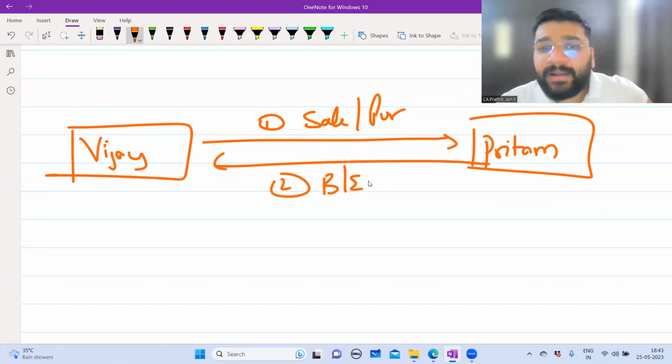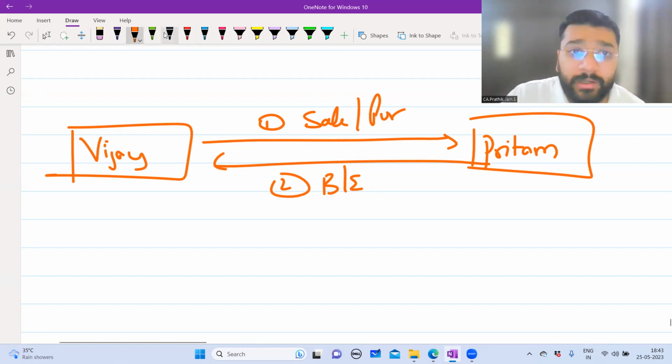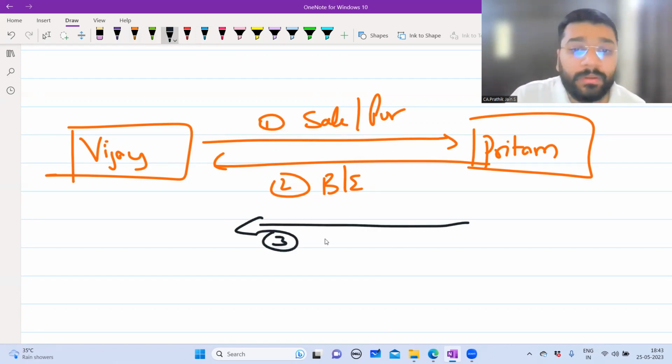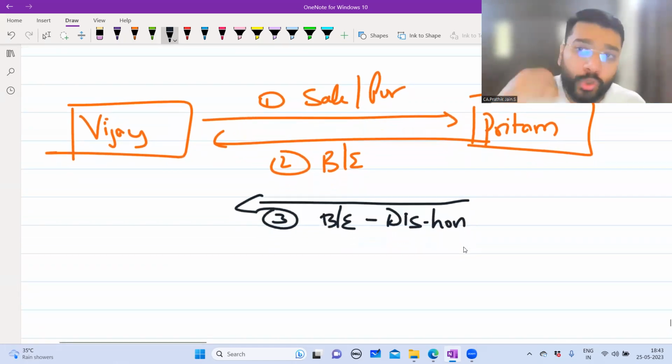Then third should be honorment of bill. But on the due date, is the bill being honored? No, sir. Bill of exchange dishonored. So dishonorment entry. Once the bill is dishonored, you close the bill and recreate the debtor and creditor. Then what will happen? Next stage.